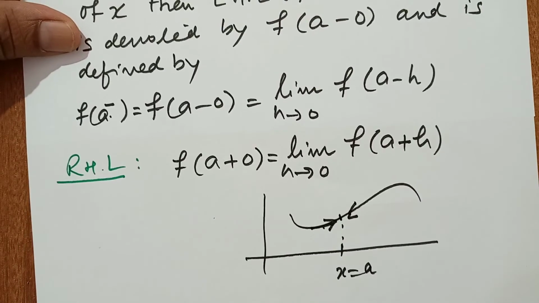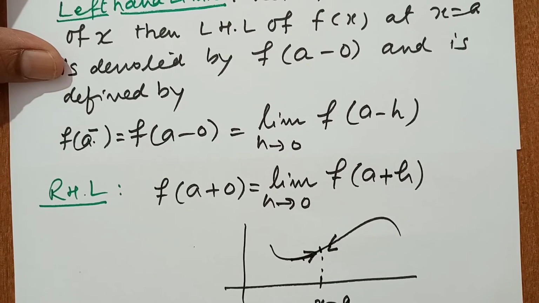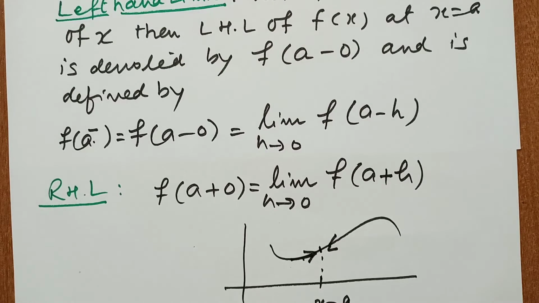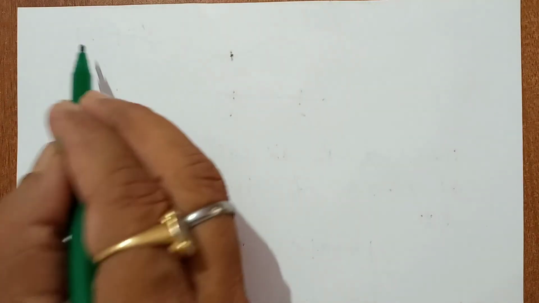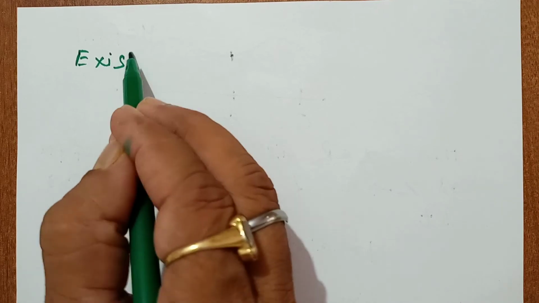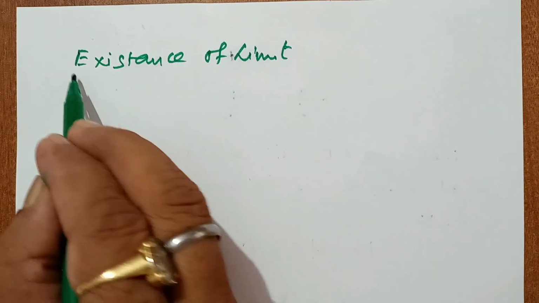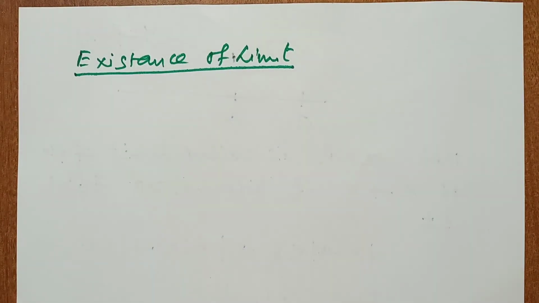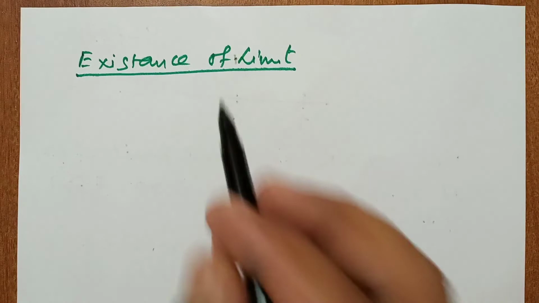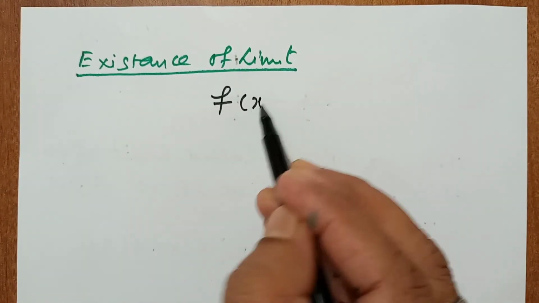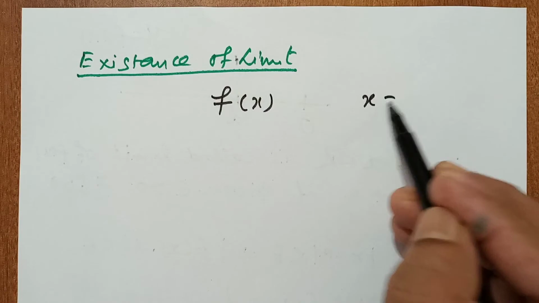Now how can we say that a given function has a limit at x is equal to a, that is, when does the limit exist? If the left hand limit and right hand limit are both equal, then we say the limit exists. So how do we check for f(x) at x is equal to a?